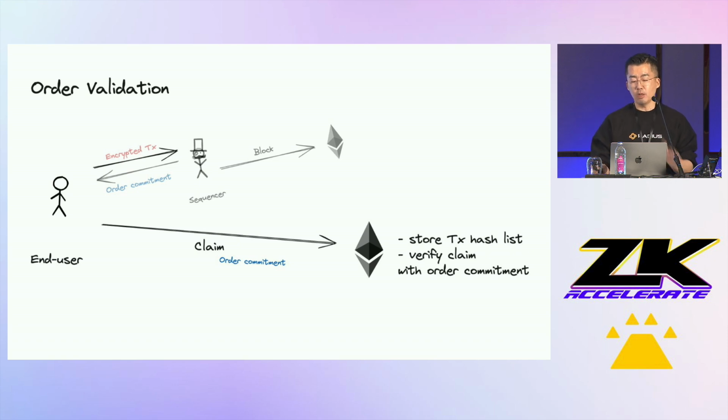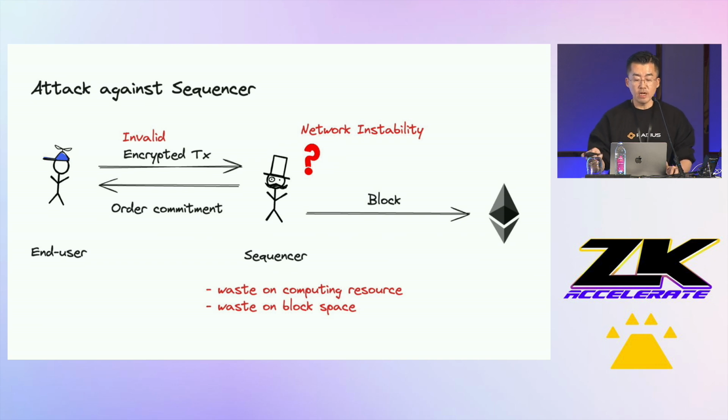But another problem is going to happen on the sequencer side, not the end user side. That's why ZK comes in. Let's say there is some malicious end user sending invalid encrypted transactions to the sequencer. The sequencer cannot distinguish whether this encrypted transaction is valid or not because it's encrypted.